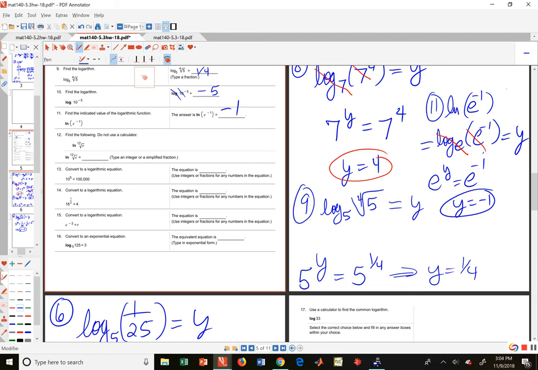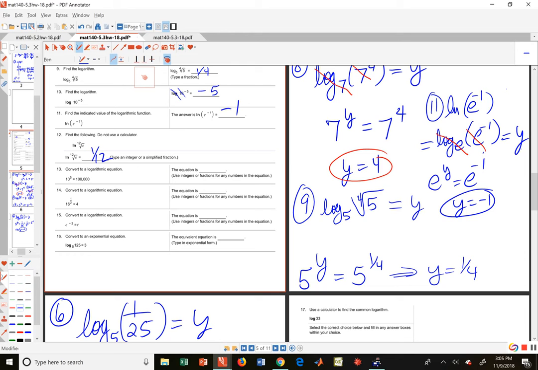So the ln of the 12th root of e, well, this has to be 1/12th. The ln and the e kill each other off. All that's left is that exponent, the 1/12th exponent. Let's just convert. Next couple, let's say convert to a logarithmic equation, starting with an exponent equation.